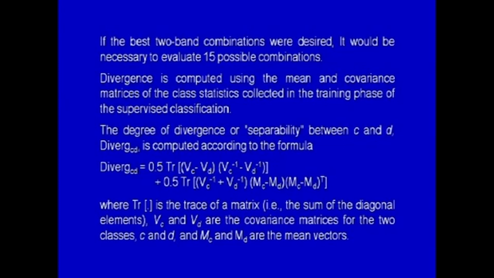V c and V d are the covariance matrices of the two classes C and D, and M c and M d are the mean vectors.